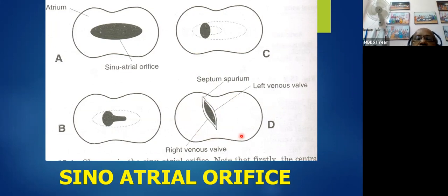The transversely oriented orifice becomes vertically oriented after the enlargement of the right horn and the regression of the left horn, at the same time as loop formation. So the right venous valve and left venous valve guard the sinoatrial orifice. If you trace these two valves, they get attached to form septum spurium. Finally, septum spurium will be attached to the roof of the common atrial chamber.